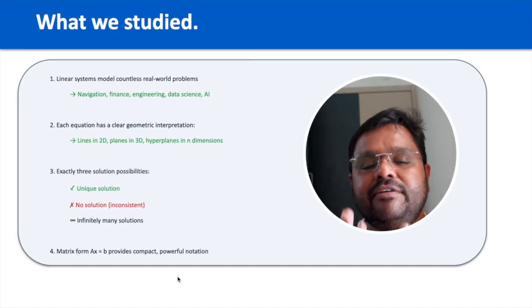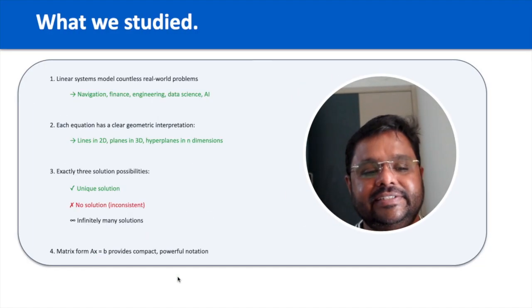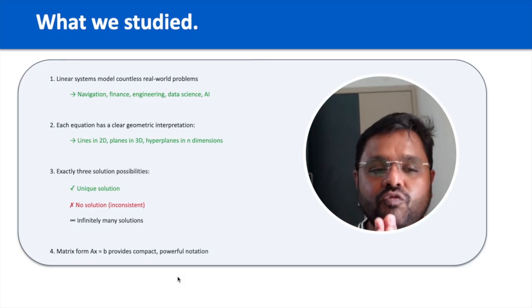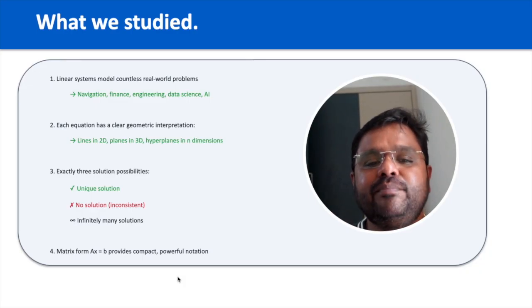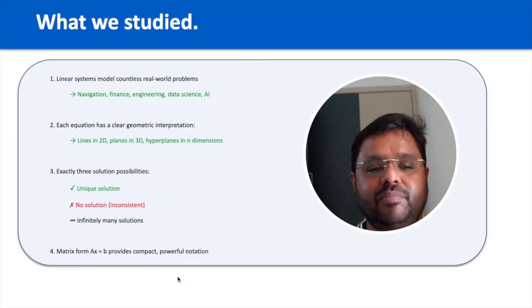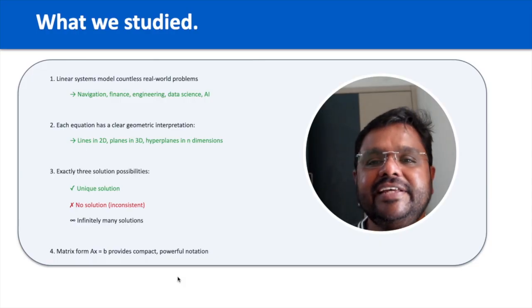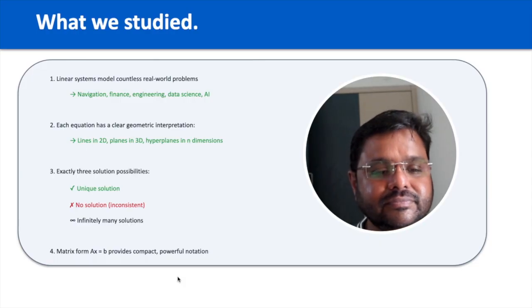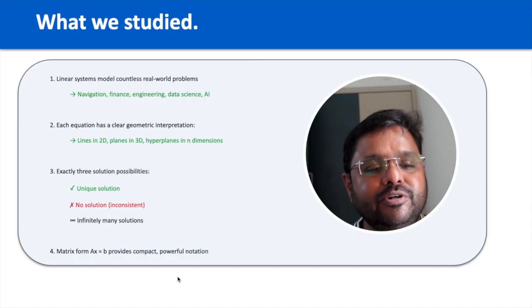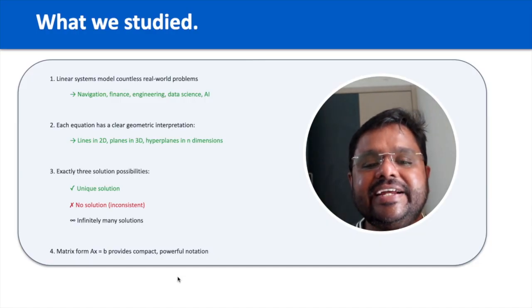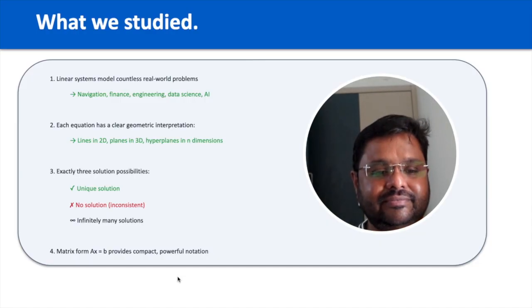So what we have studied today in this lecture is four things. One, linear systems model countless real world problems, like I said, navigation problems, finance, engineering, data science, AI, whatnot. Point number two, each equation has a clear geometric interpretation.